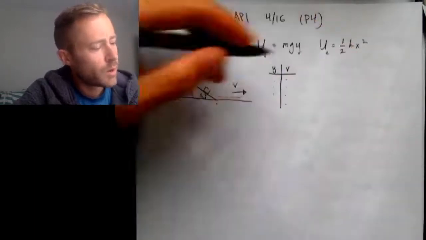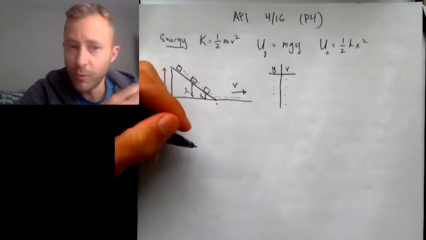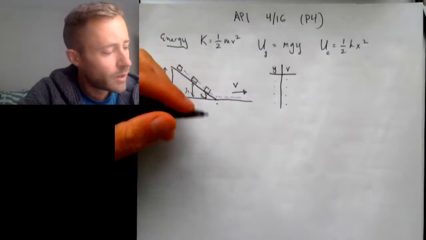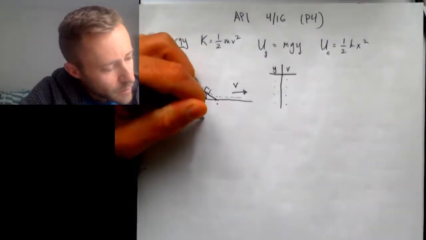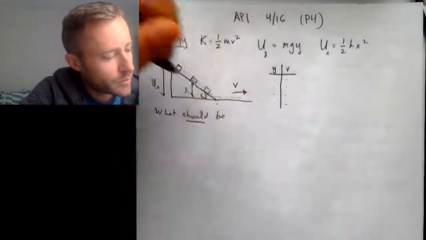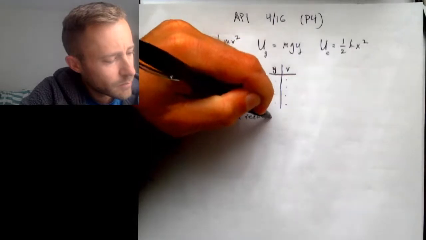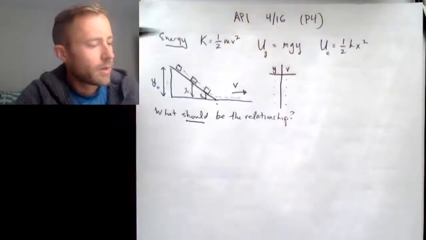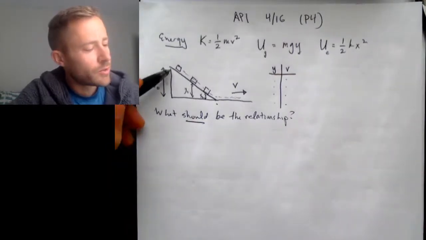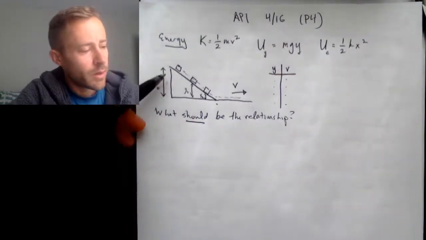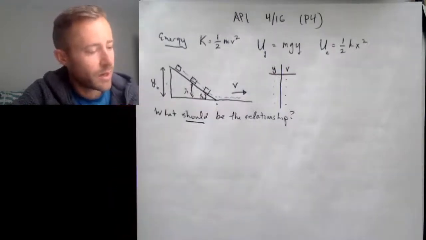So what is the theoretical relationship between these variables? So if we apply the equations of physics, what should be the relationship between these variables? Well, if we apply conservation of energy, you can see that we start out with gravitational potential energy and we end up with kinetic energy.